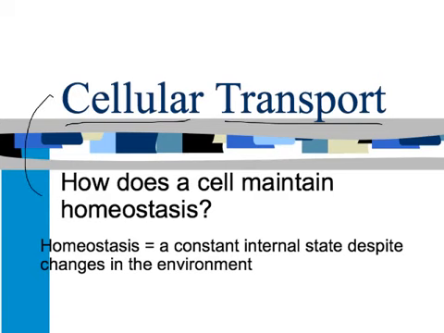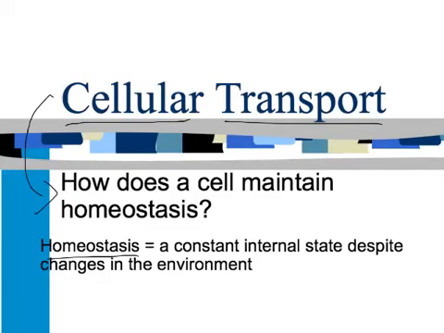to homeostasis. So remember that homeostasis was the maintenance of a constant internal state despite changes in the environment. So in other words, the inside of the body or the inside of the cell is able to stay constant despite everything that's changing outside the body or outside the cell. So these two things are intimately related because we use cellular transport to get things in and out of the cell as we try to maintain an internal balance.